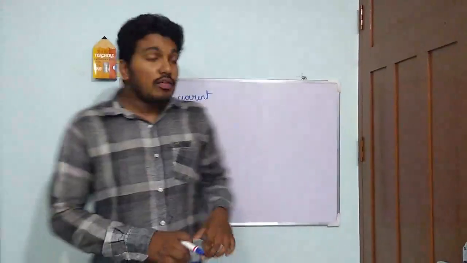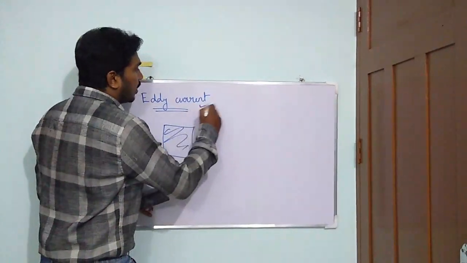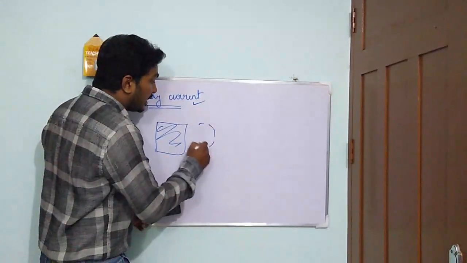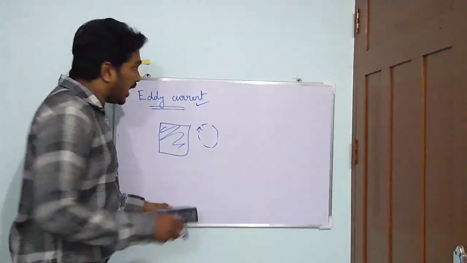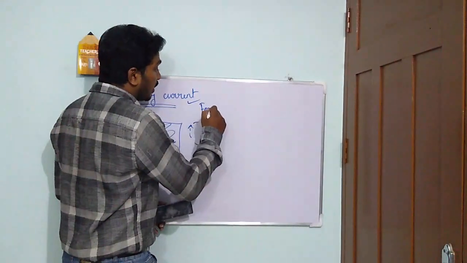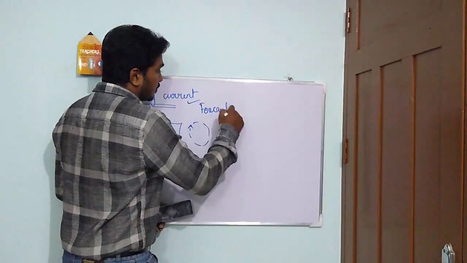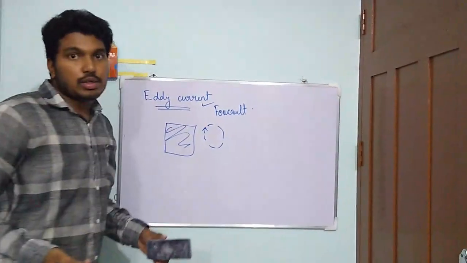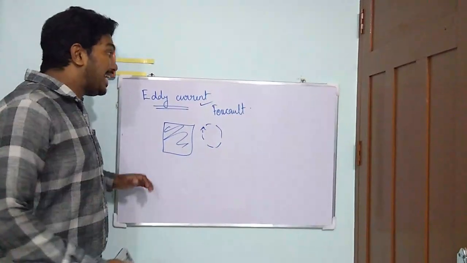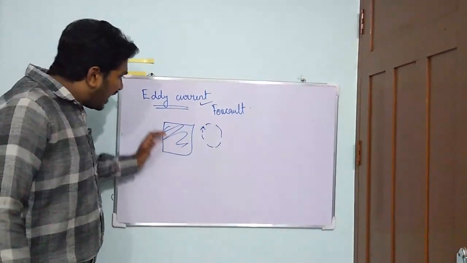This current we call eddy current, because it flows like eddies in water. There is another name also for this, Foucault current. It is known like that because he was the person who discovered it. So eddy currents are in the bulk of the material.